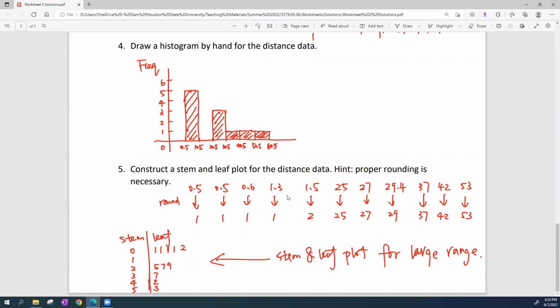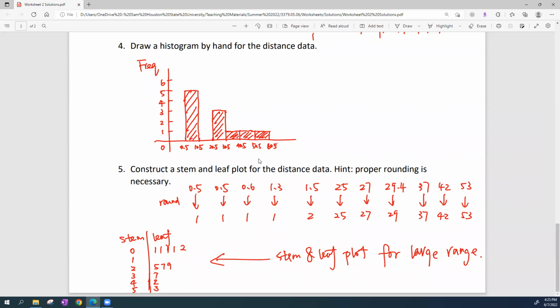The second level is 1 point something, then 2 point something, 3 point something, 4 point something, up to 24 point something, all empty. Then we have a level 25, a gap, then 27, gap, 29.4, and then 37.0, so big gaps. The stem or row is going to be very long with a lot of empties in between. For that stem and leaf plot, we cannot see the distribution, so it's not a good one.